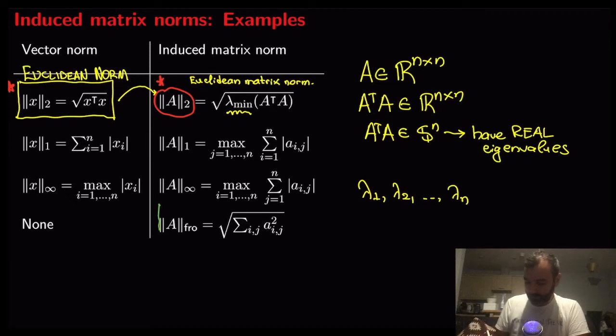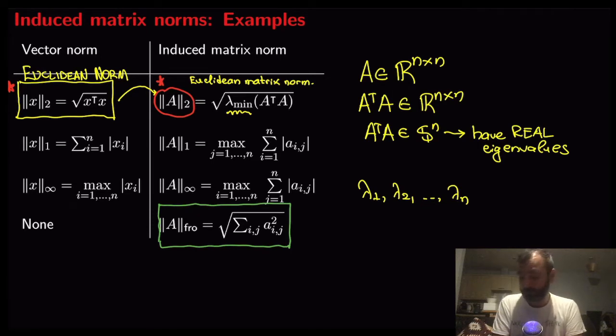There is a norm, actually there are many norms that we can define for matrices, like this one you see over here. It is quite a natural definition, the square root of the summation of the squares of all the elements of the matrix. This is called the Frobenius norm.